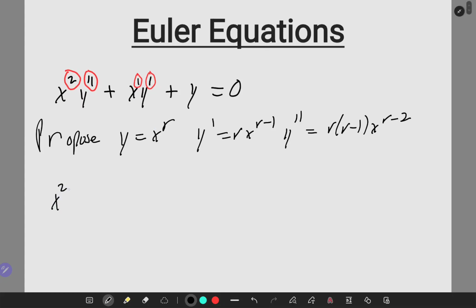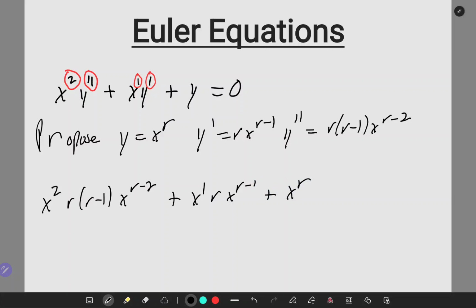So we'll have x squared times y double prime, which is r times r minus 1 times x to the r minus 2, plus x times r x to the r minus 1, plus x to the r is equal to 0.